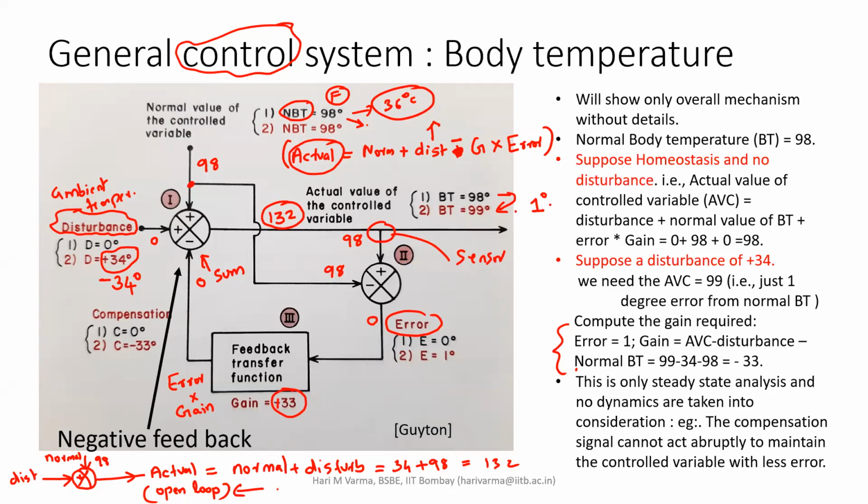Similarly, if the disturbance decreases, actual will decrease. But since there is a subtracted term here, when actual decreases, the error should also decrease, so that this term will become smaller. Since this is subtracted, the whole term should become higher. That means actual increases. So any change in the actual in either direction is being arrested to a certain extent, depending on the gain value, by the system. And that's how the negative feedback is achieved.